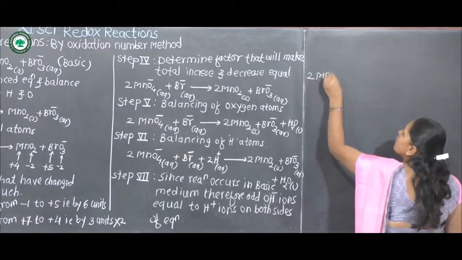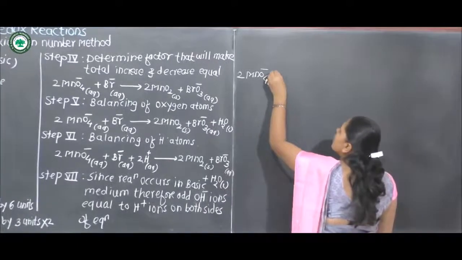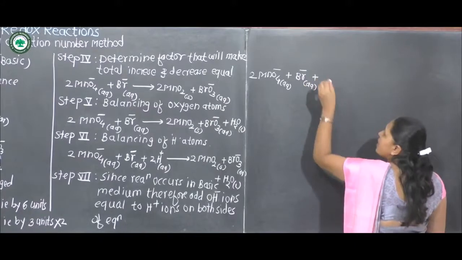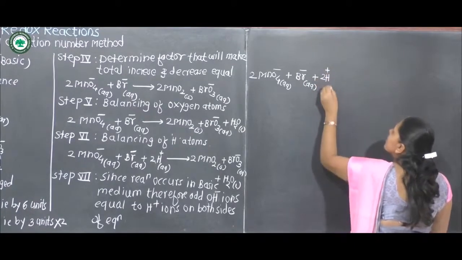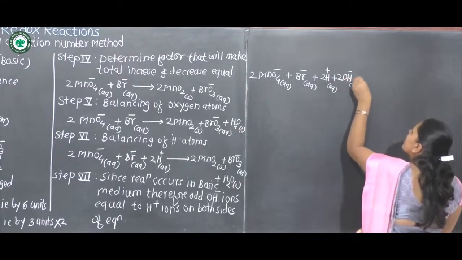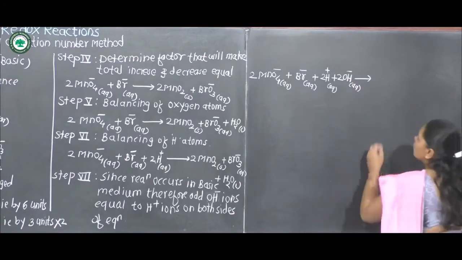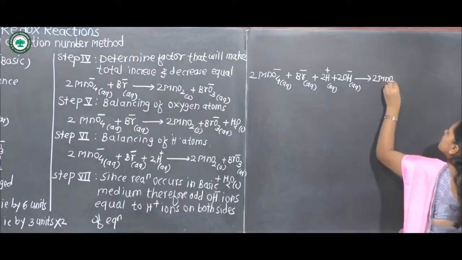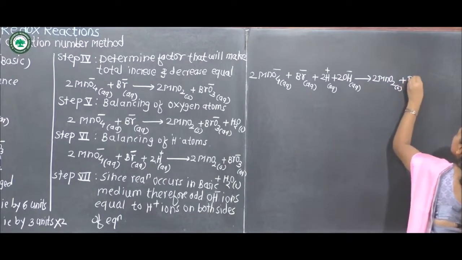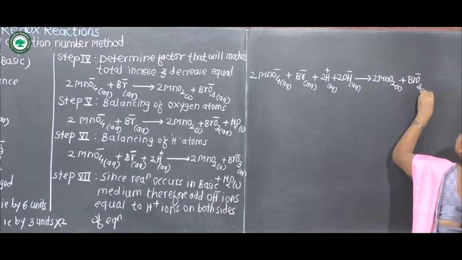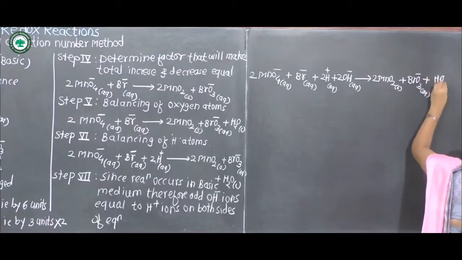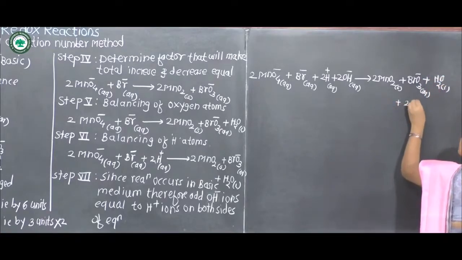Therefore, 2MnO4⁻ + Br⁻(aq) + 2H⁺(aq) + 2OH⁻(aq) gives 2MnO2 + BrO3⁻(aq) + 1 water molecule + 2 hydroxyl ions.